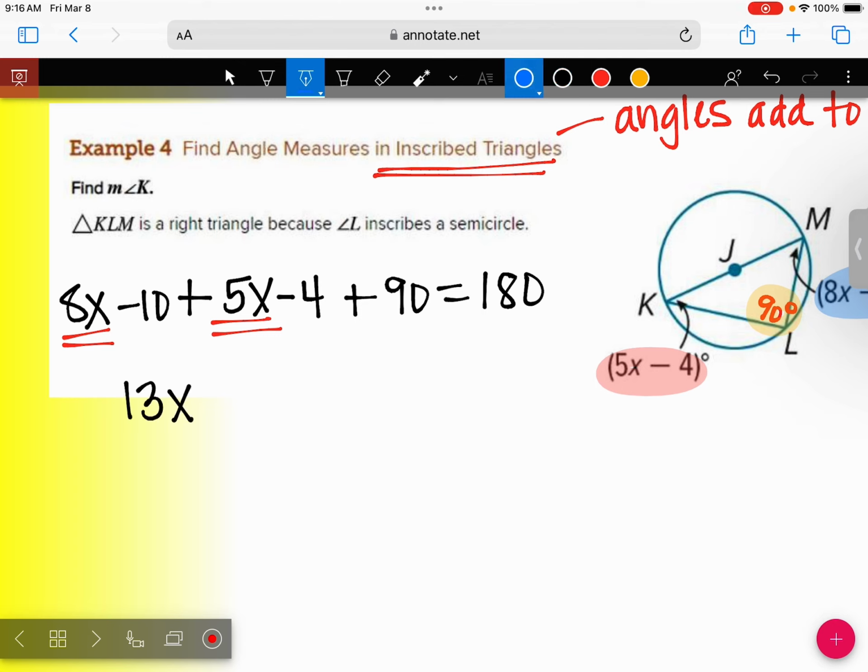All right, and then pick up your calculator and add these three numbers together. Negative 10 plus negative 4 plus 90.